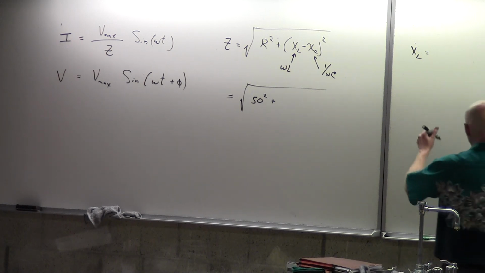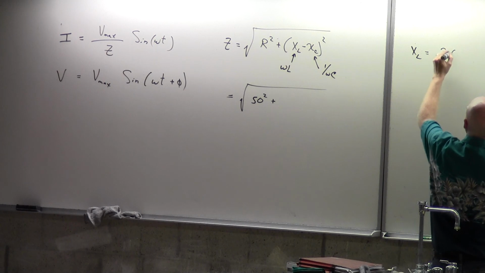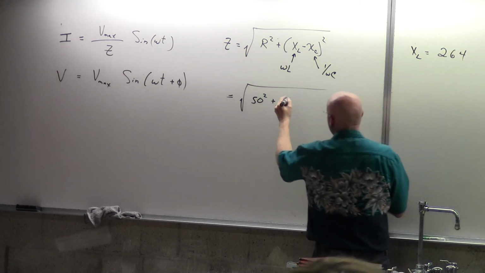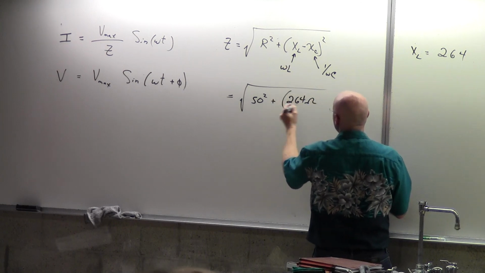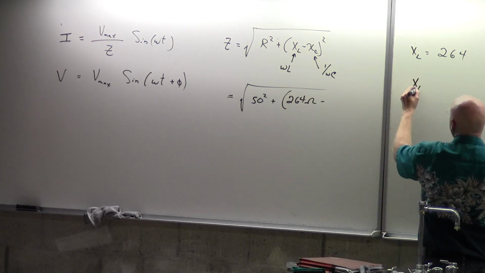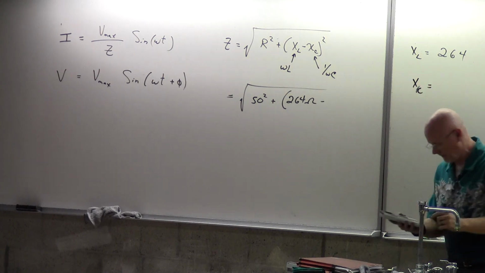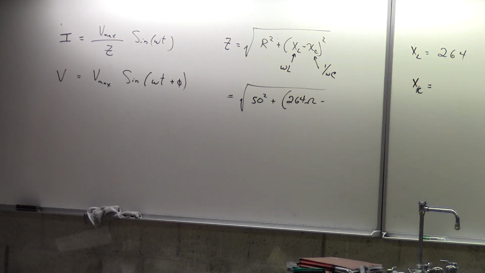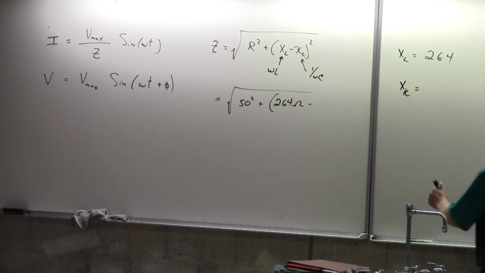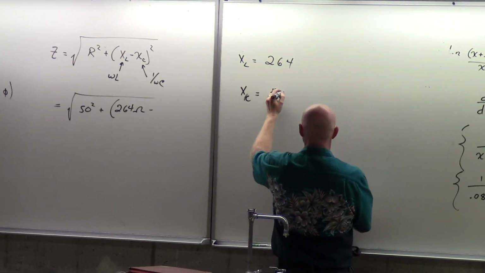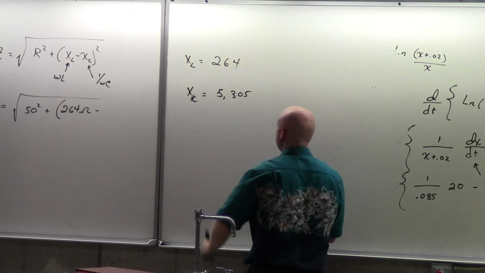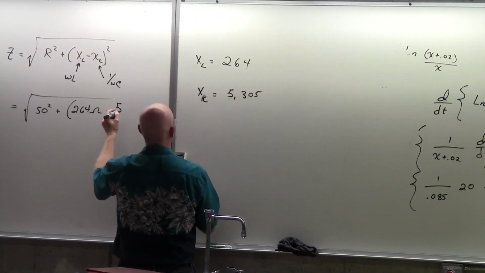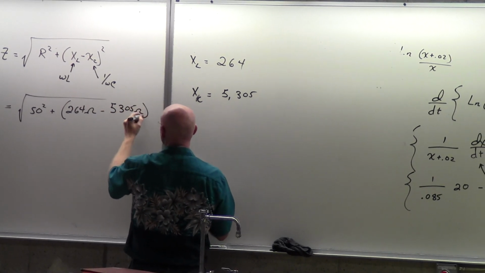I'm getting 264 ohms. The reactance of the capacitor is omega, which I'll type in as 377, times the capacitance, a half of a microfarad, and then take the reciprocal of that. Huge: 5,305 ohms.